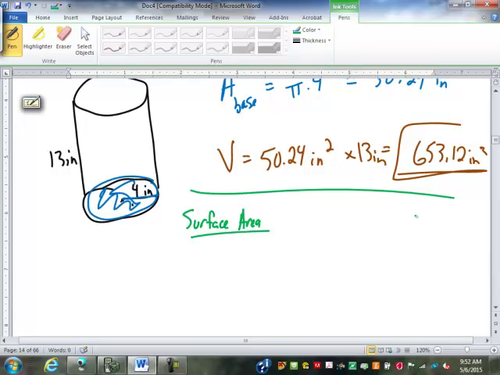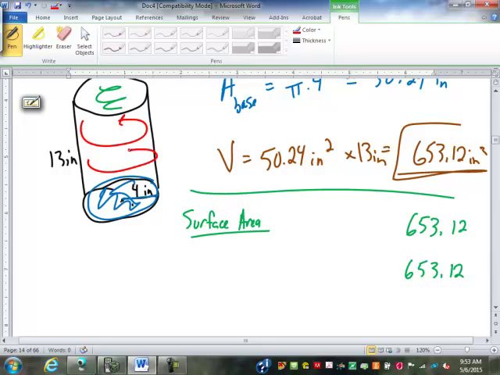So, surface area. Remember, for surface area, we have the area of the base, 653.12. The top is also the same area, so there's the second base, 653.12. And we're going to add those, but what else do we have to have? We have to have the area that wraps around this thing, don't we? That is called the lateral area.